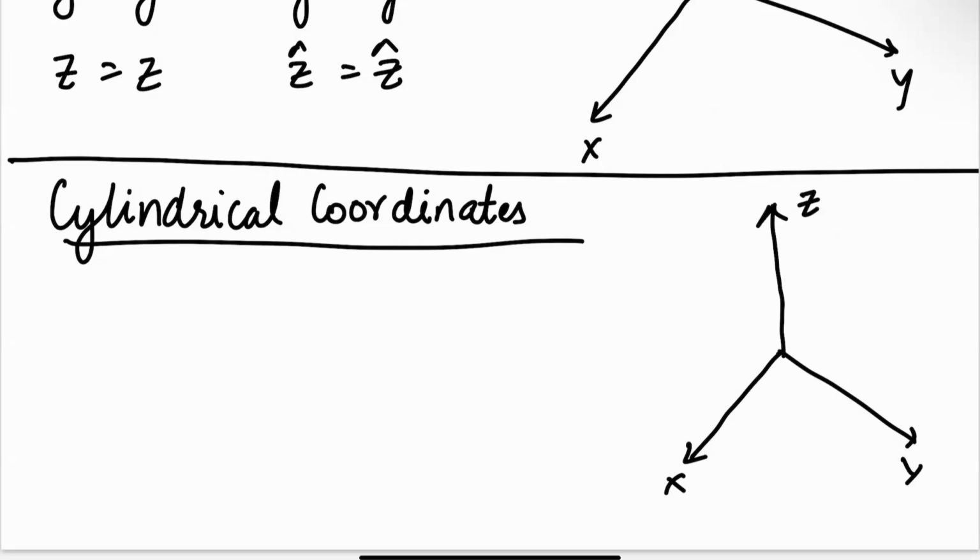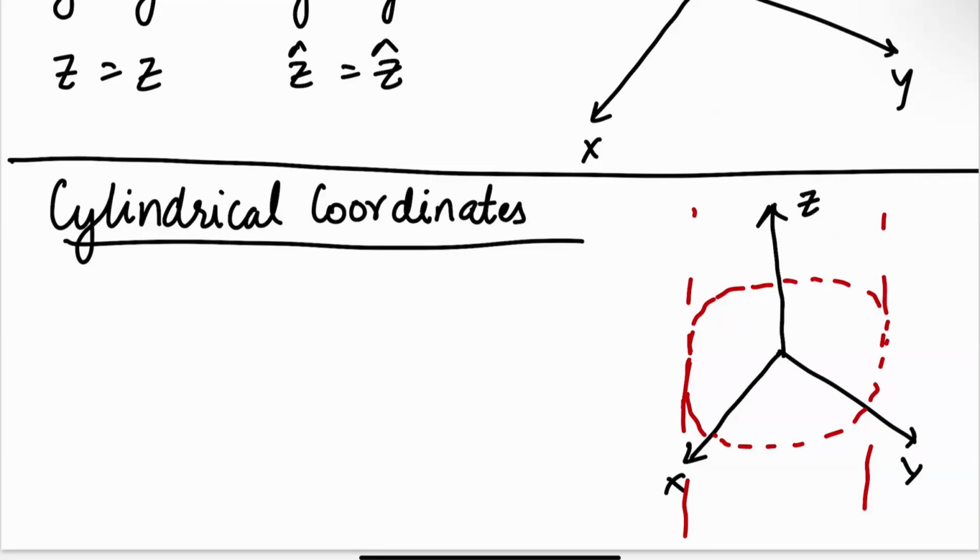Okay, so cylindrical coordinates, essentially, it's like having a cylinder. In the XY plane, I'm not very good at drawing this correctly, but you can imagine a circle in the XY plane, and then the Z axis is like the cylinder, right?